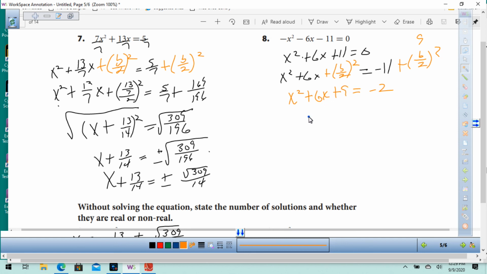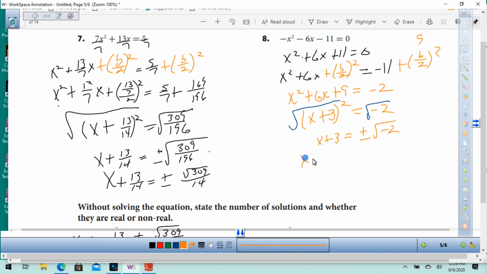Half of 6 is 3, so I got x plus 3, and that's squared, equals negative 2. Take the square root of both sides, and I got x plus 3 equals plus or minus the square root of negative 2.